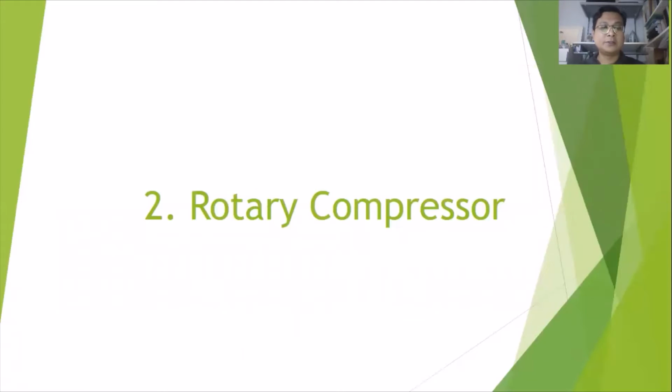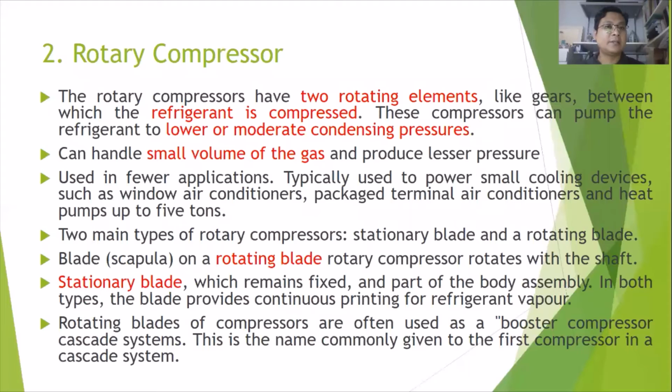So now we go to the second type of compressor, the rotary compressor. In the rotary compressor, there are two rotating elements like gears, between which the refrigerant is compressed. This compressor can pump the refrigerant to lower or moderate condensing pressure, so we can control the exit pressure.